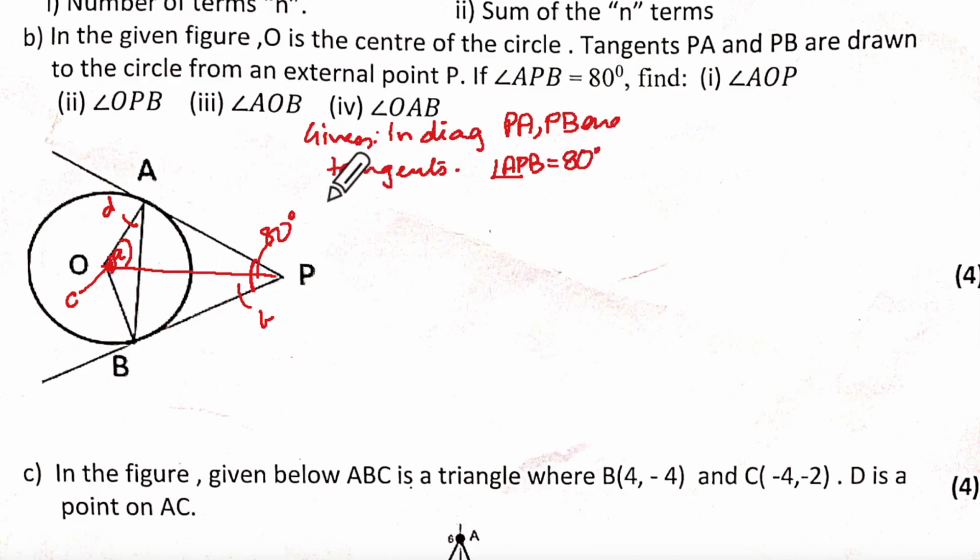This has been given to you. And then you write "to find": number 1, number 2, number 3, number 4, which we marked as A, B, C, D anyway. And then we'll say solution.